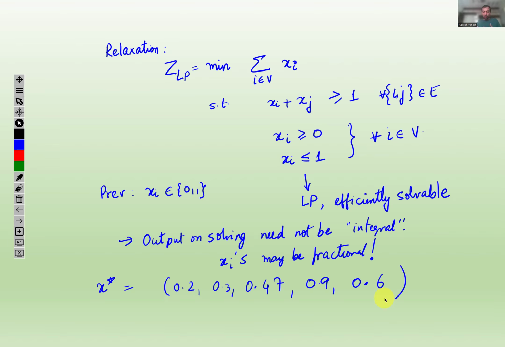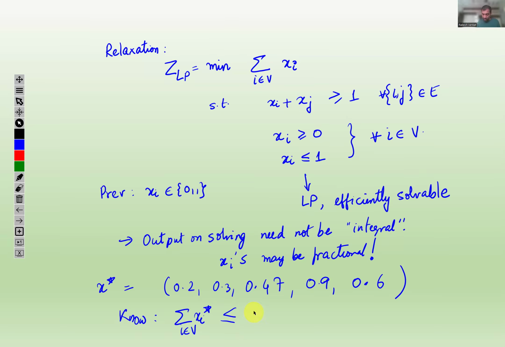So what do I know about this? I know that the value of this solution, summation xi star, because the domain has expanded, the objective value on the optimal solution of this continuous program should be smaller than the optimum, because it's a minimization and we are minimizing over a larger domain.